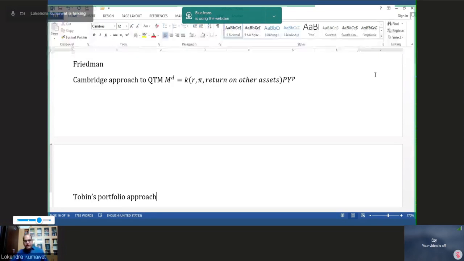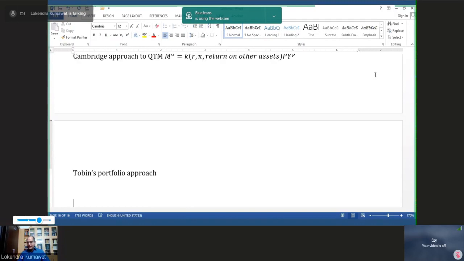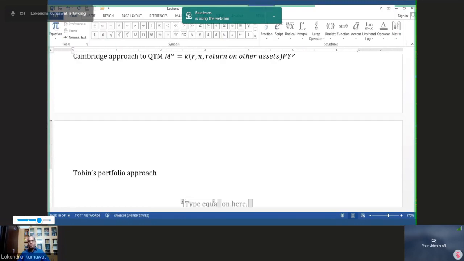Okay. So what one can conclude from all these theories is that money demand is a function of interest rate and income level.